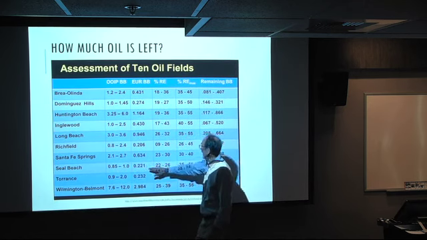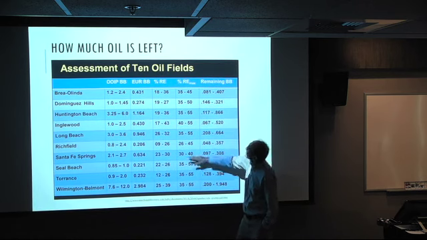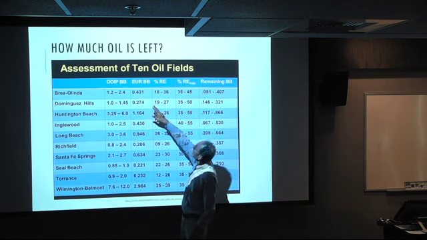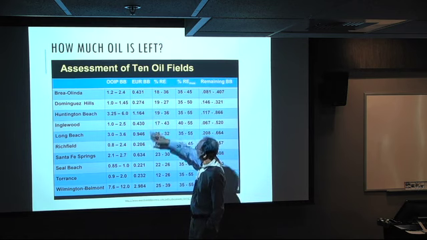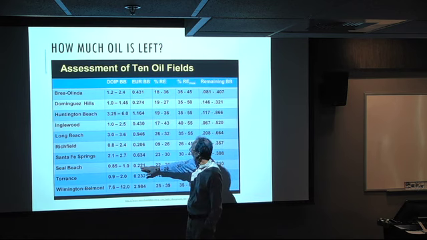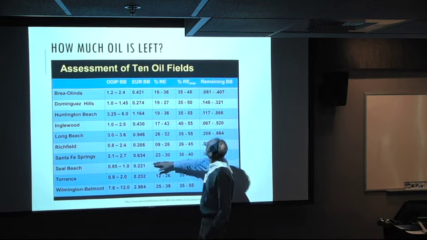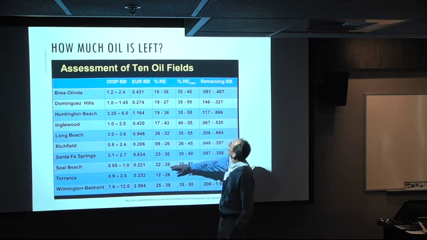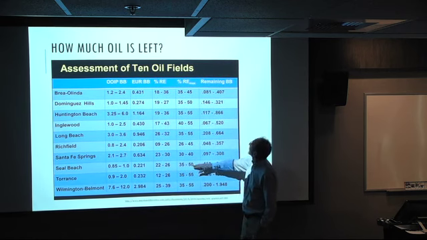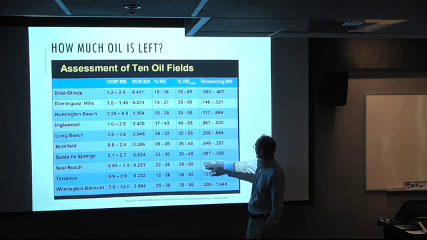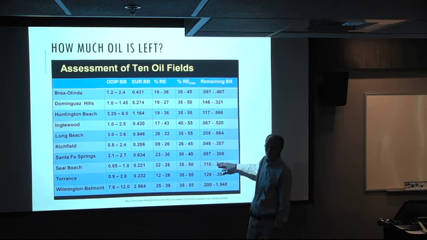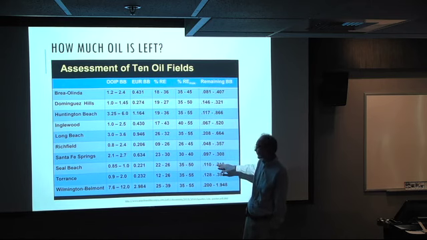But today, EUR, estimated ultimate recovery, is about 220 million barrels. That's the recovery factor. And they think they might be able to get another 100 or 200 million barrels of oil out of Seal Beach if there weren't houses all over it.